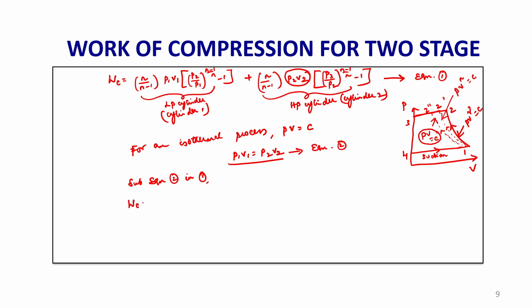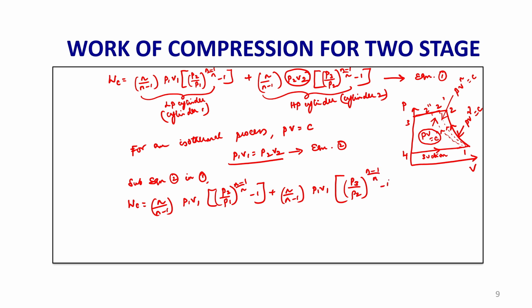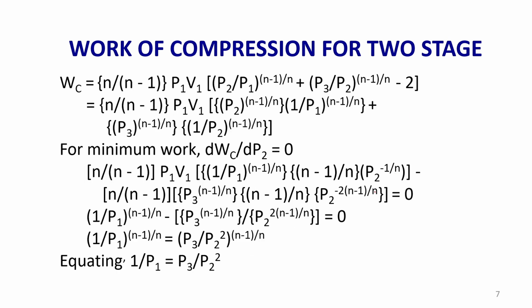So, therefore, the work of compression is equal to n by n minus 1 into P1 V1 into (P2 by P1) whole power n minus 1 by n, minus 1, plus n by n minus 1 into, instead of P2 V2 I will write P1 V1, P1 V1 into (P3 by P2) whole power n minus 1 by n, minus 1. Okay, so that is what I have written here.